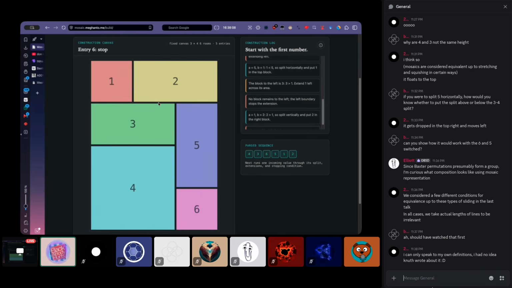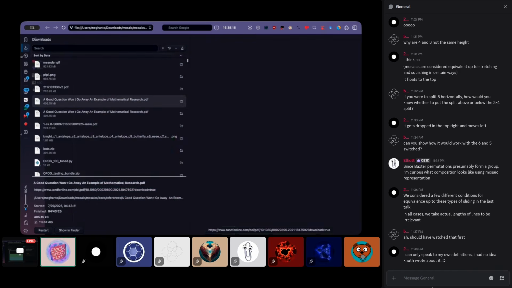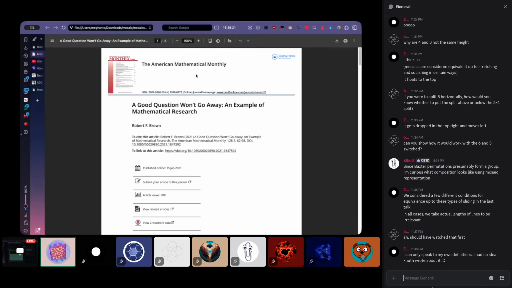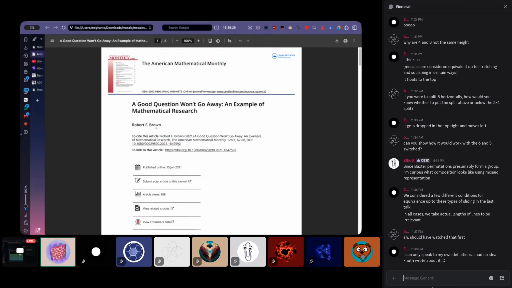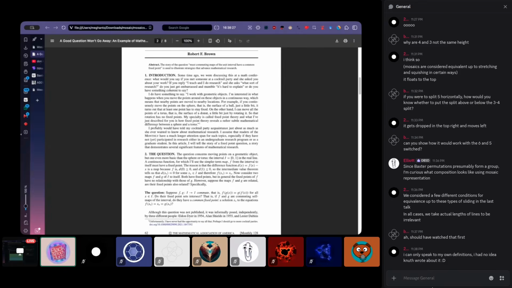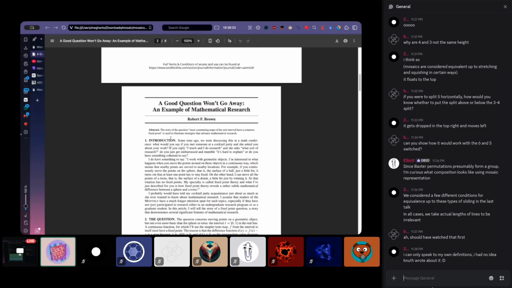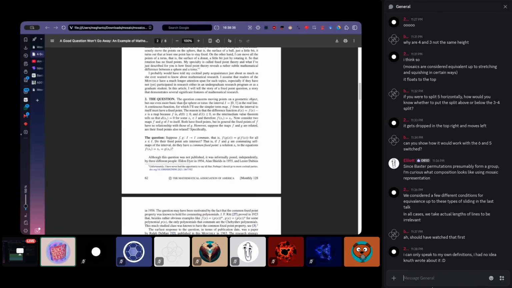So this is something that people have been circling around since forever. There's actually been an article in the American Mathematical Monthly by Robert F. Brown discussing how this was an example of mathematical research about a good question that won't go away. It's a very interesting read. It's not really that technical.